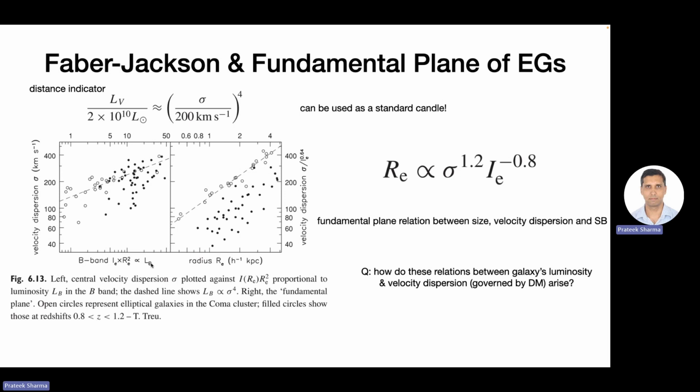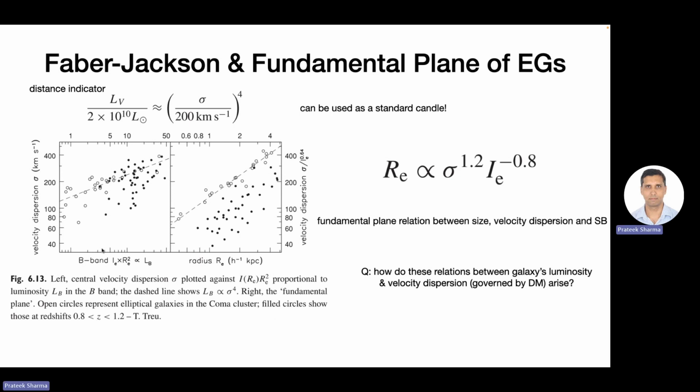So if you're able to measure the sigma value of an elliptical galaxy, from this kind of a plot you say, if this is the measured value of my sigma, this is the value of my luminosity. I measure the flux, I have the calibrated luminosity, and I know flux is luminosity divided by 4 pi d squared. I can get its distance.